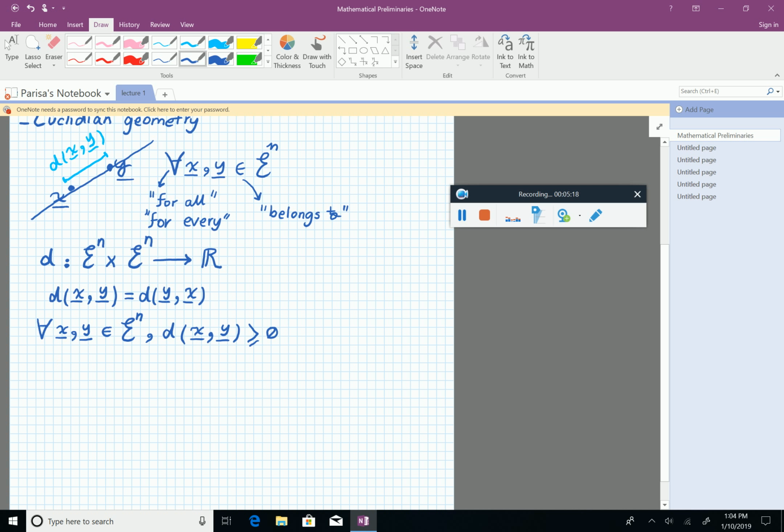So that kind of brings us to another property, that if you see a distance between 2 points is equal to 0, then you can immediately say that these are the same points. So this symbol here means if and only if.